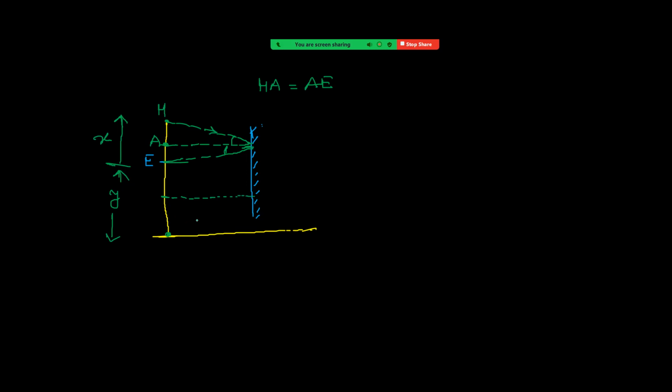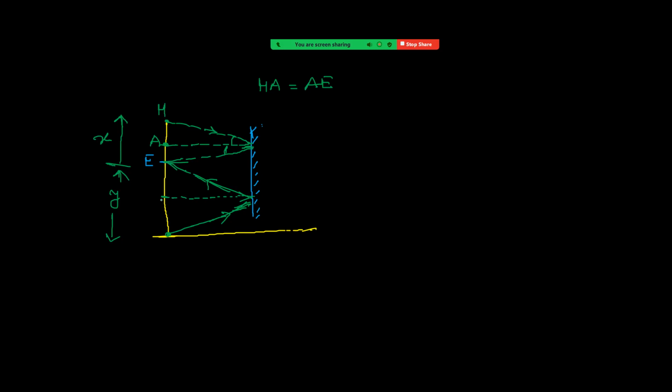So I am making the diagram from his feet, reaching and after reflection reaching his eyes. Then he can see the image of his feet. See carefully, rays coming from the feet after reflection reach his eyes, so he can see his feet. Rays coming from the top of his head after reflection reach his eyes, so he can see the top of his head, right?